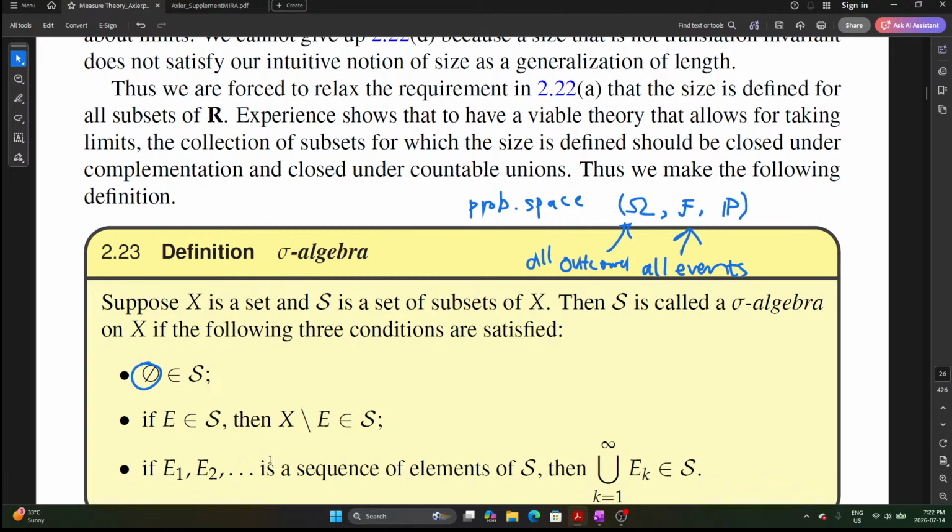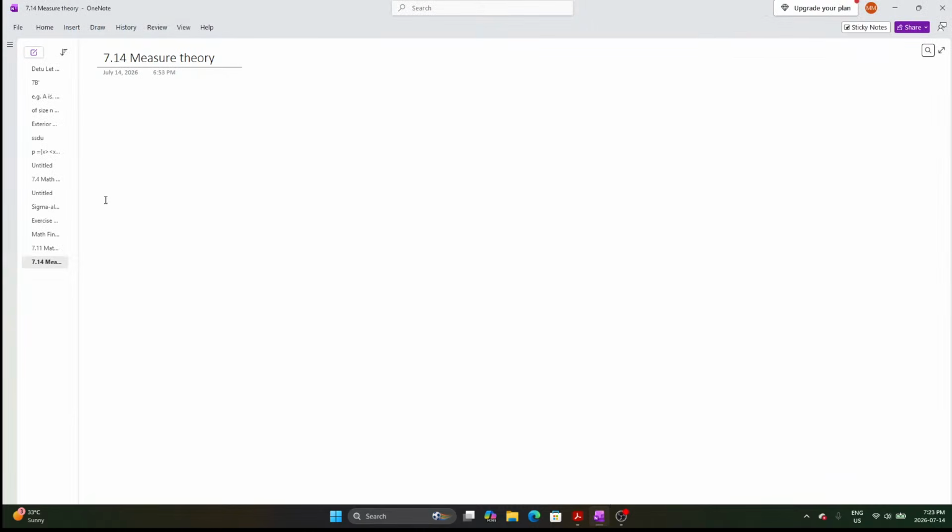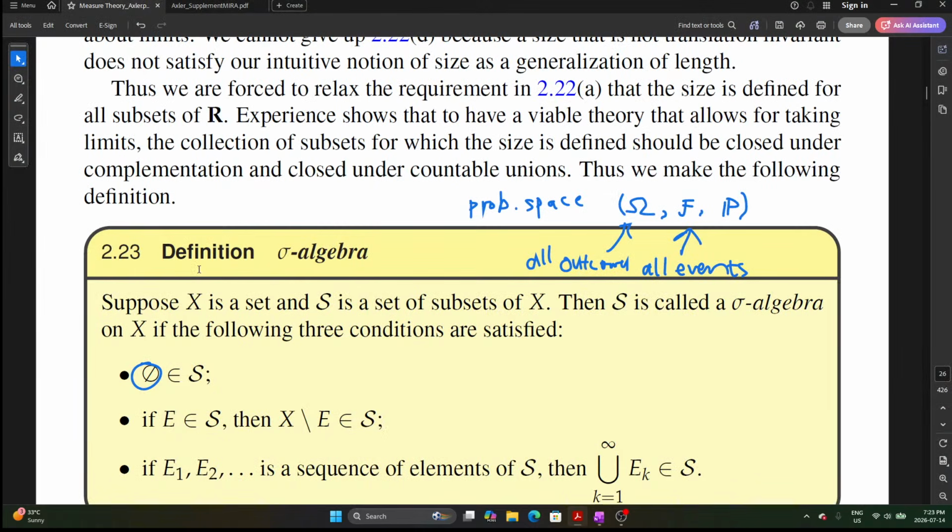Why not closure under finite union, or arbitrary union? It's a good question, because I think I answered that, right? Why is it countable? Because we did an example some days ago. Sean, this is totally valid. Why not finite? We'll see that later.